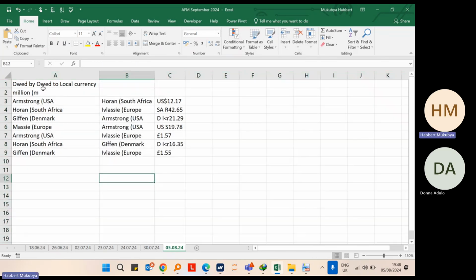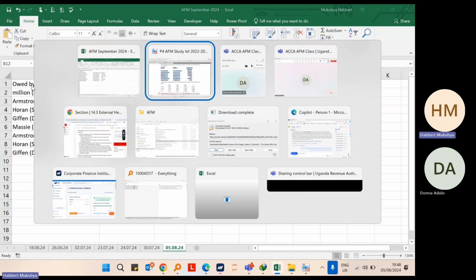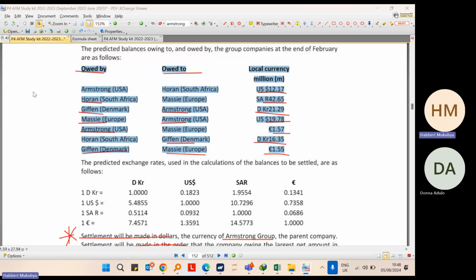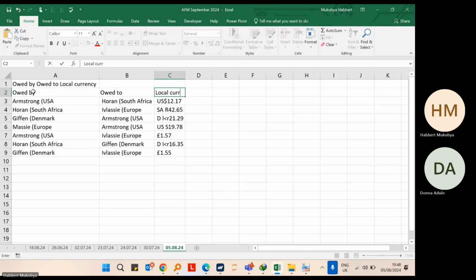Okay, so we have amount owed by, owed to, then we have the local currency. It's in millions.